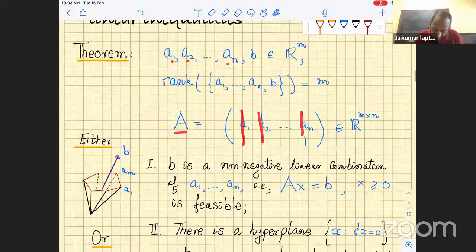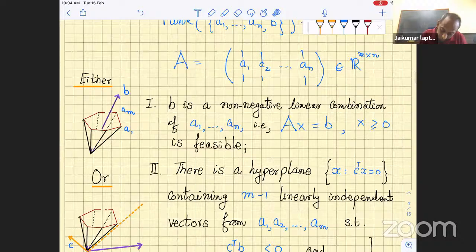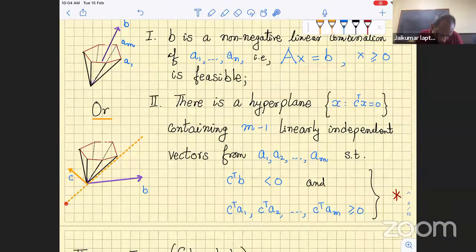Then the fundamental theorem of linear inequalities says this: either your vector b can be written as a non-negative combination of the columns of A, which means the vectors ai, or there is a hyperplane defined by this C, so that the entire cone is on one side and b is on the other side.